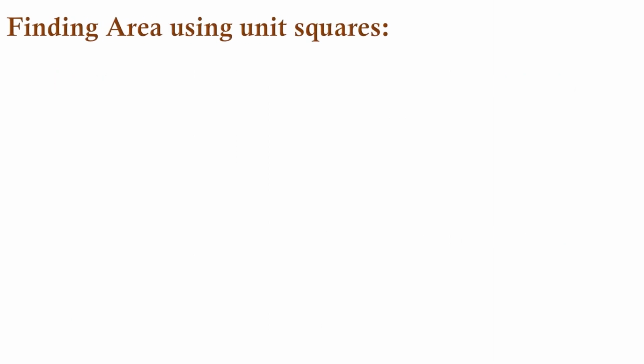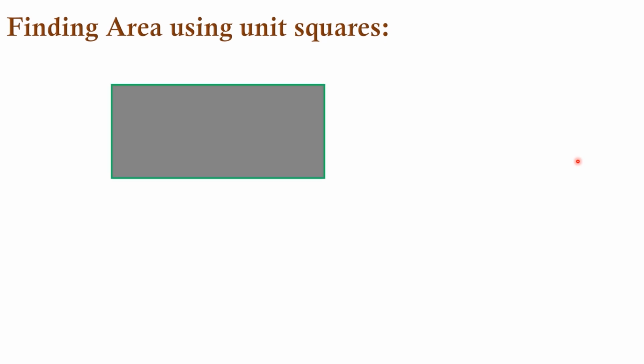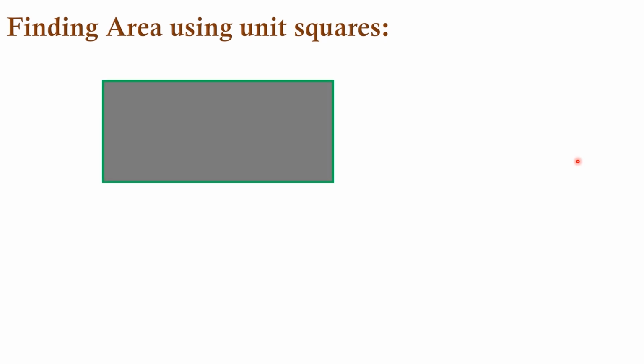First method, finding area using unit squares. See here, there is a space which is in rectangular shape. Now we have to find out the area of this space. To find out the area of this space, first we have to divide this space into unit squares.